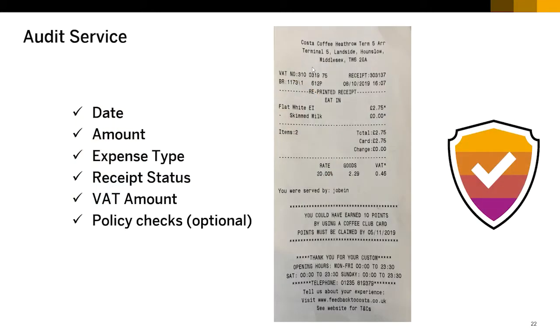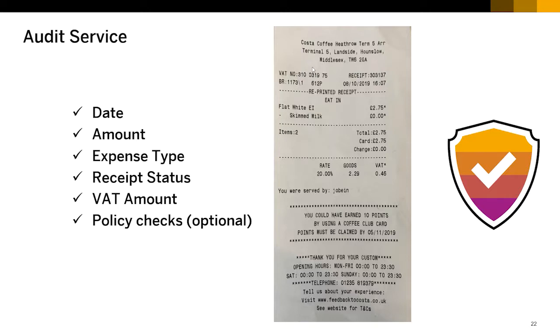Annie is going to get a notification to say a claim is ready for her approval. But before she does, this expense claim is actually going to be intercepted by a team of auditors at SAP Concur, who go through and validate all the information on the receipts that have been captured. So I mentioned we use optical character recognition software.